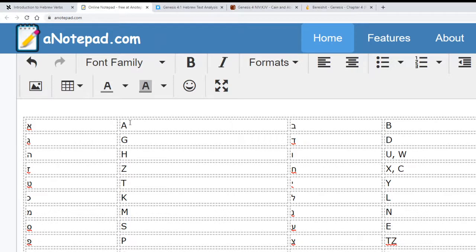So let's just go through the letters. Aleph, usually transliterated as A. Bet can be B or V. Now, this is something I want to clarify. If you're talking about the bet, right, let's talk about the name Binyamin.